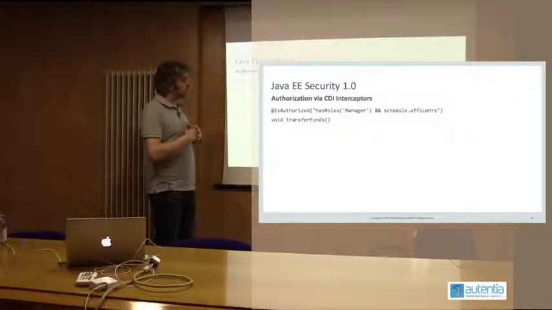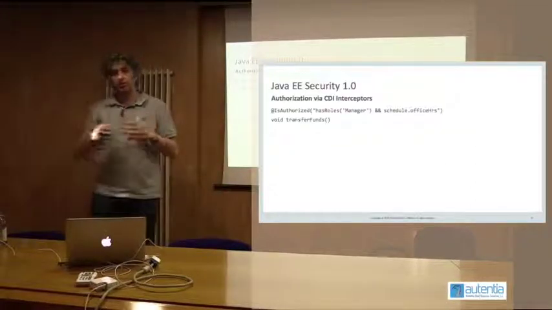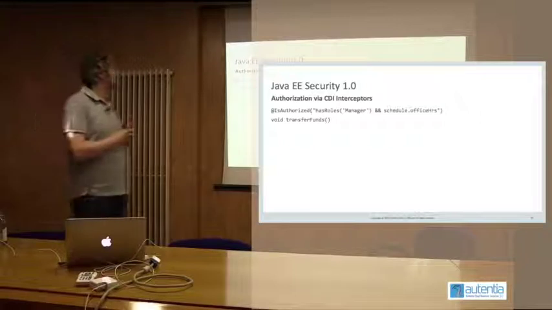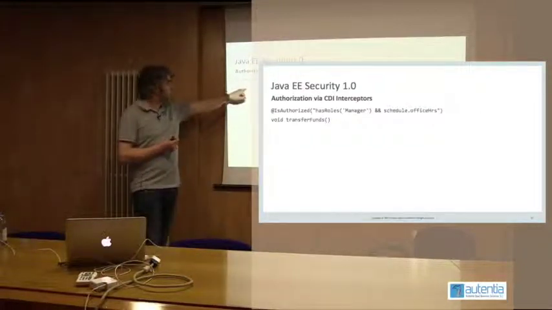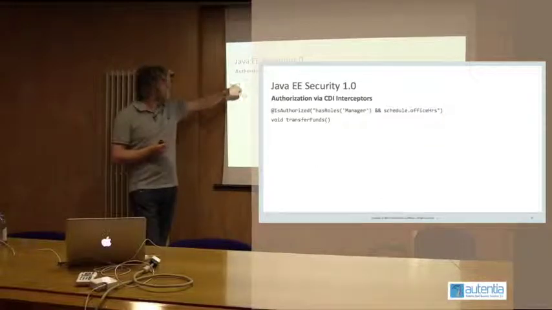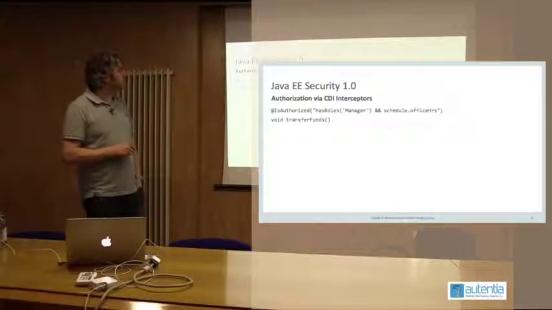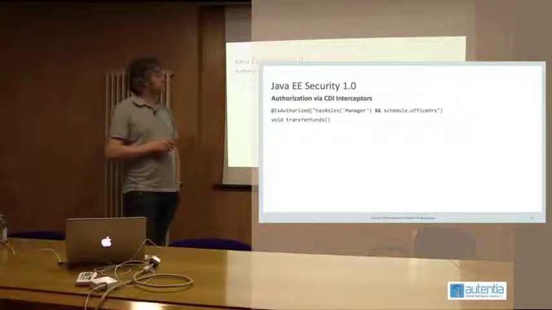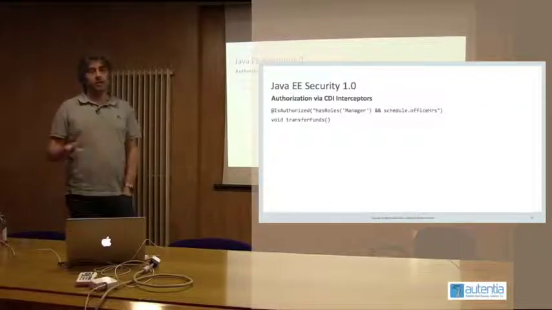And not only that, we would also like to give you the ability to use the business context of the application. An example is this: a transfer fund method is annotated with is authorized. To transfer a fund, I need to be a manager, so I need to be in that role, and I can only do that during office hours.